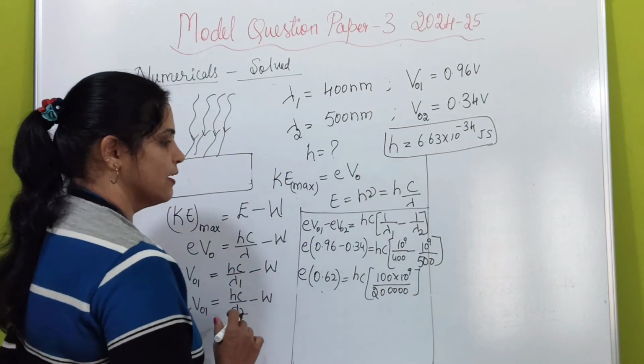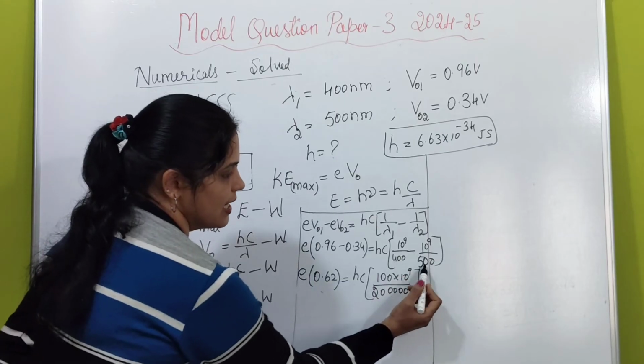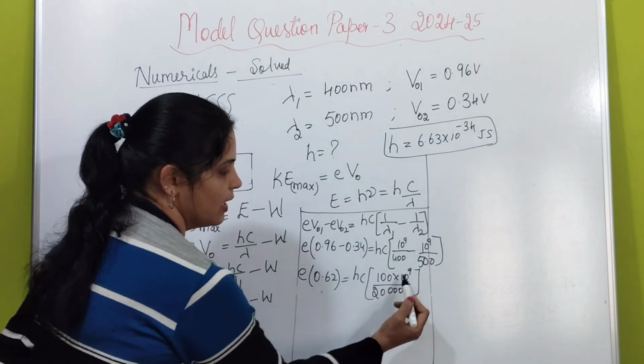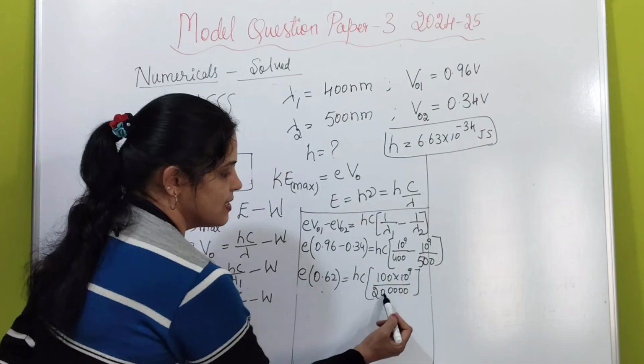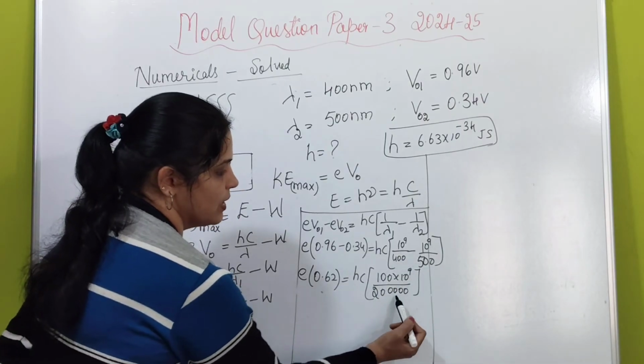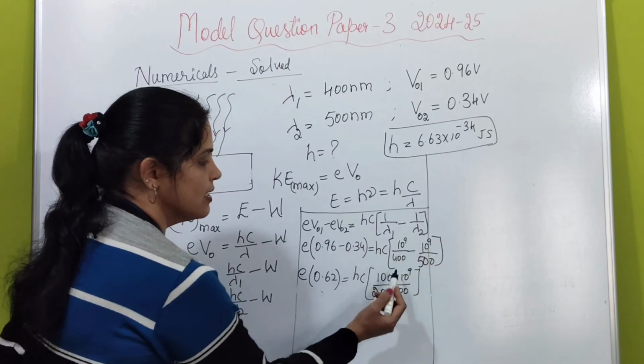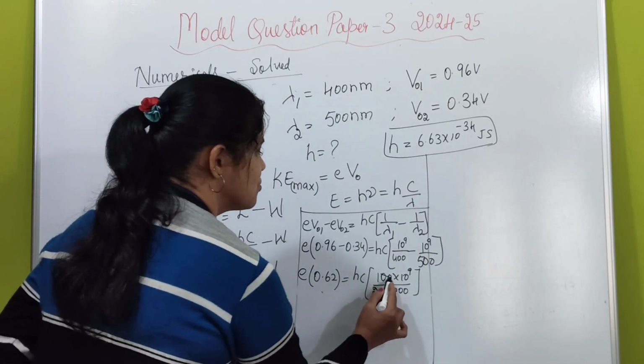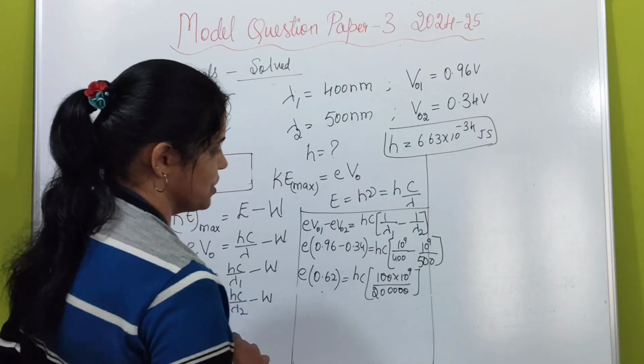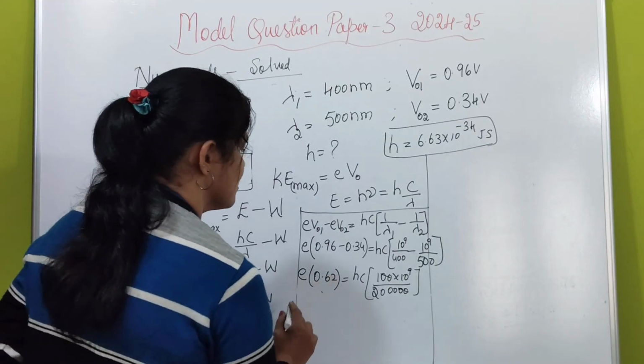Okay, this is clear for you? I have taken LCM, so I multiplied these two numbers as the LCM. 5 fours are 20, 0000. Okay, and cross multiplying here, 500 minus 400 is 100. Now cancel these two zeros with these two zeros. Okay, two zeros get cancelled.